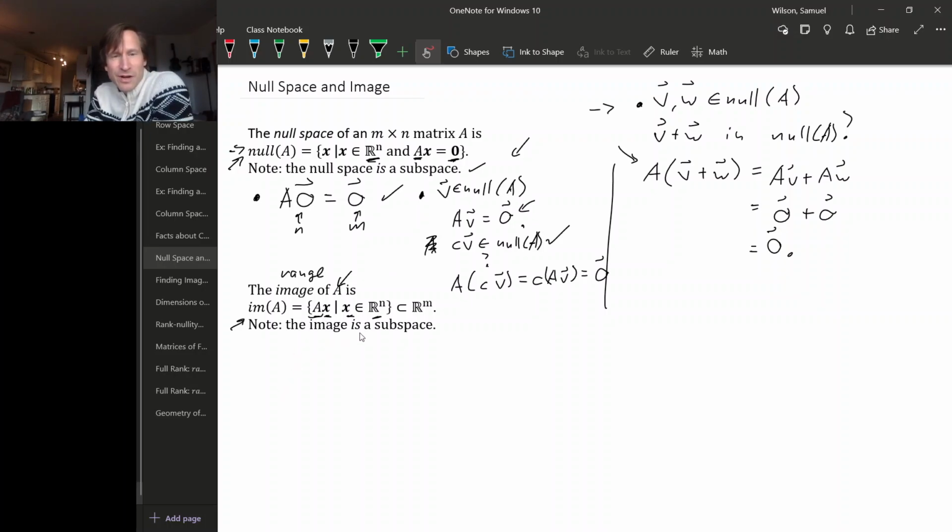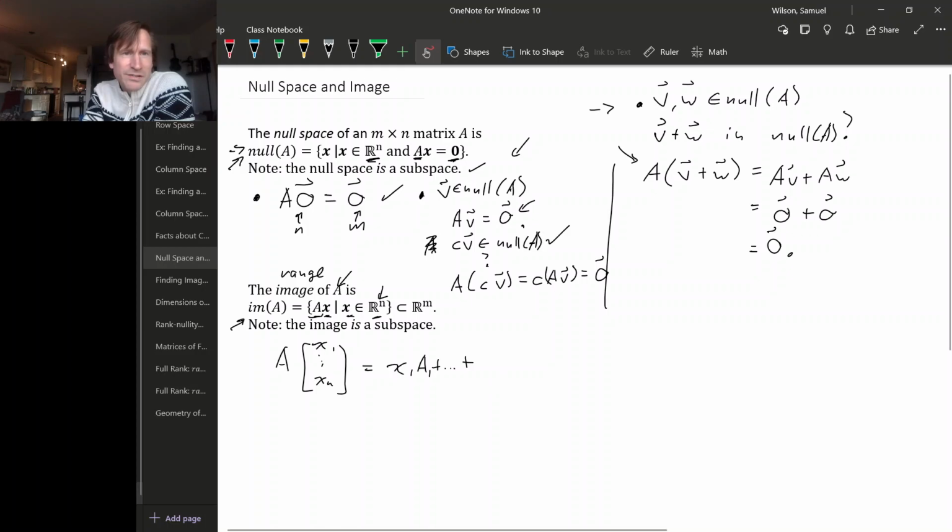So how can we show that this is a subspace? Well, we could check the same properties, but I'm going to do it a little differently. So x is going to be x1 down through xn, right? And it has to be xn because x is in Rn here. But remember that matrix multiplication like this, a matrix times a vector on the right, really gives you a linear combination of the columns of this matrix.